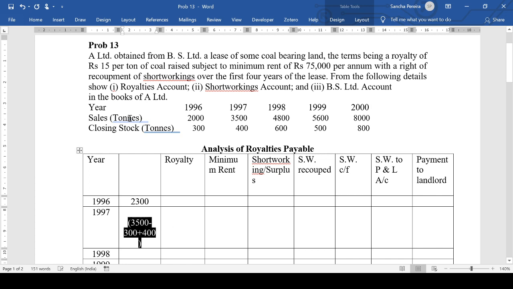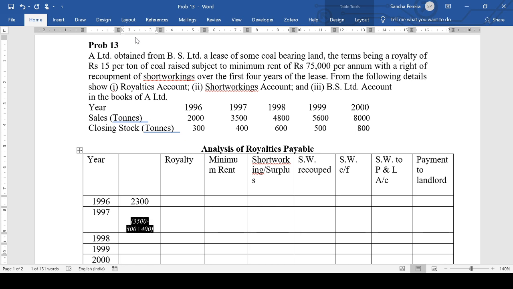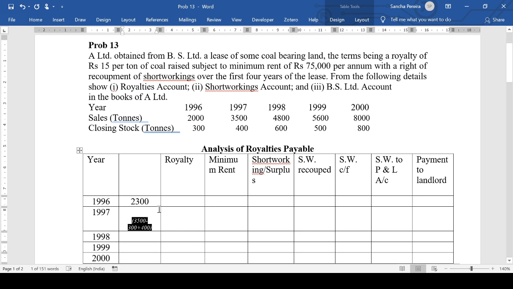So that comes to 3,600. And we are going to call this output, because that is what we are concerned with.